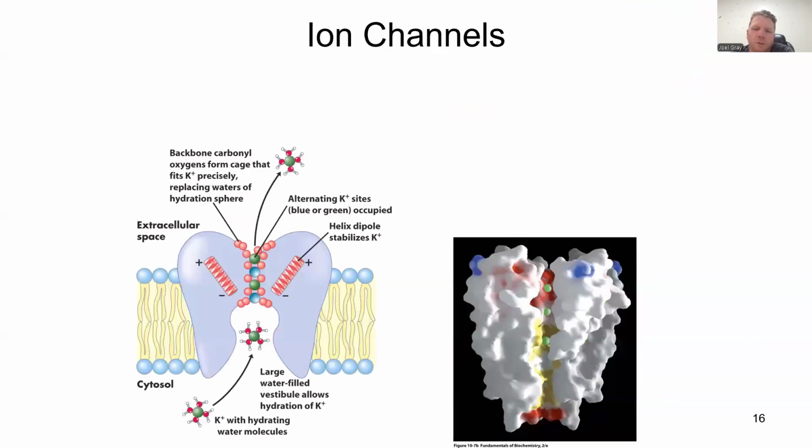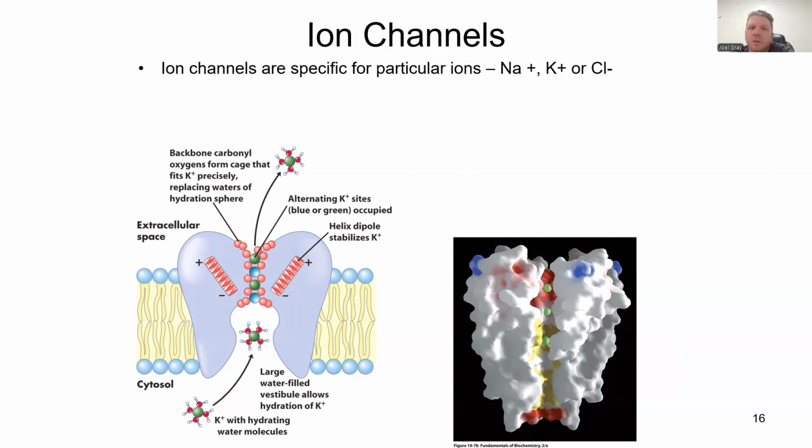Now, ion channels. Of the last three slides, your ion channels, porins, and ionophores, I'm most interested in you knowing about ion channels and porins, specifically aquaporins. Ion channels are specific for particular ions: sodium, potassium, chloride.